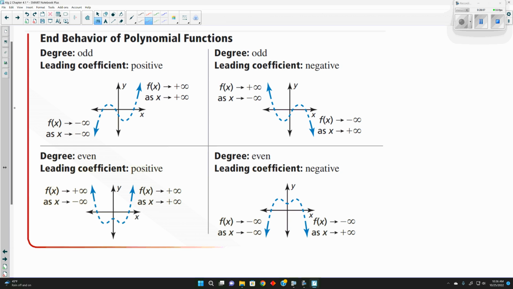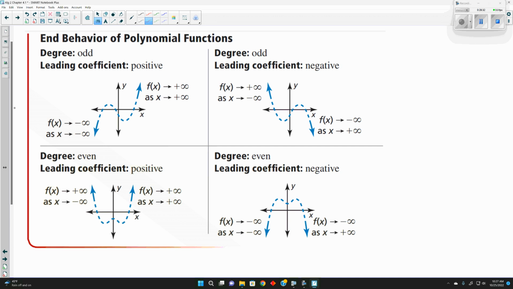The degree is either going to be odd or even. The biggest exponent attached to the variable is either going to be odd or even. It's got to be one or the other.